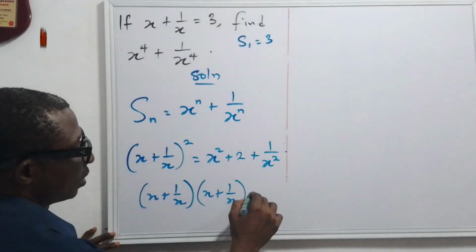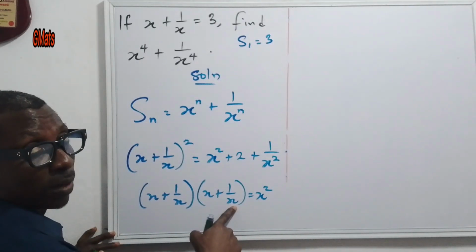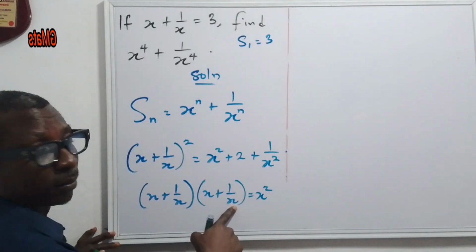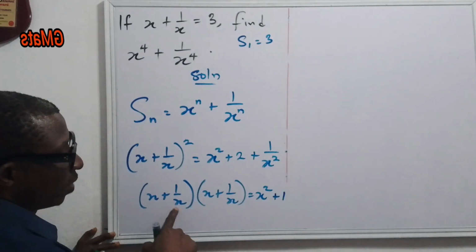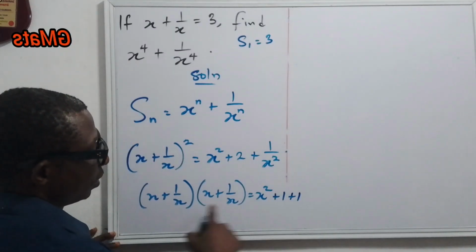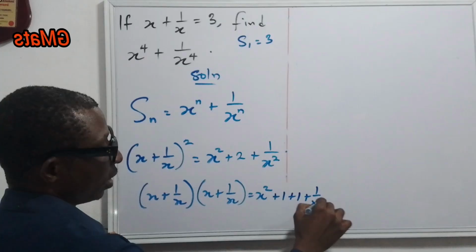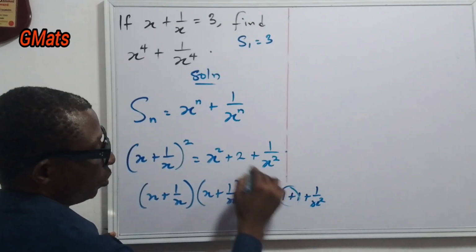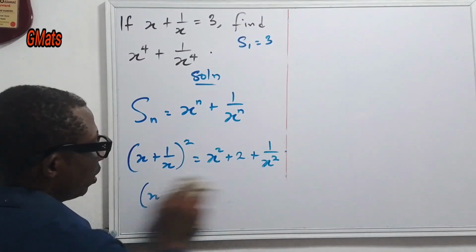So x times x is x squared. Now x times 1 over x gives you 1, because x will cancel x, so that's plus 1. So 1 over x times x, x cancels x, that's plus 1, and 1 over x times 1 over x, that's plus 1 over x squared, and this gives you 2. Okay, so that's how we arrive at that.